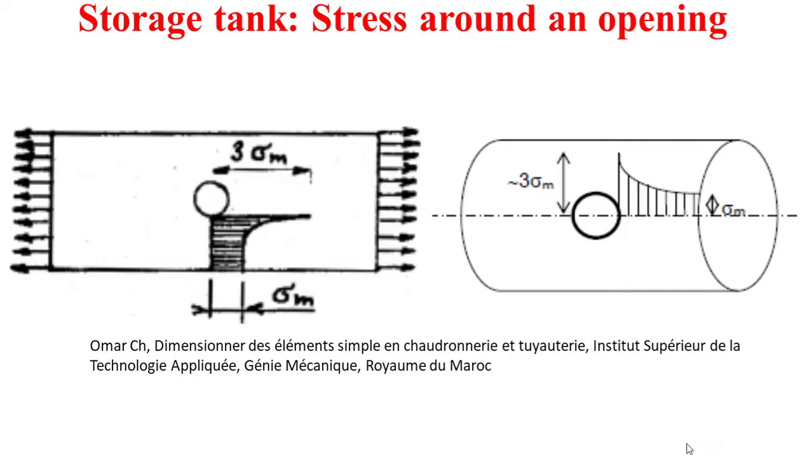First, as I said in the previous videos, when we perform an opening on a tank's shell or a tank's forward head, the stress around this opening is amplified by 3. This may cause a resistance problem in the neighborhood of the opening. In order to avoid this, we have to increase locally the thickness in the neighborhood of the opening.